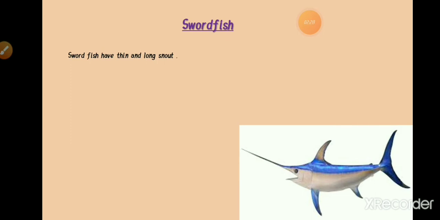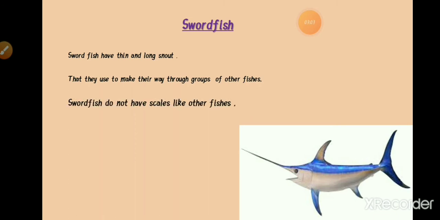Swordfish have a thin and long snout, as you can see, and they use it to make their way through groups of other fishes. As we know, in oceans and seas many fishes live in groups, but swordfish takes help of its sword to make the way.